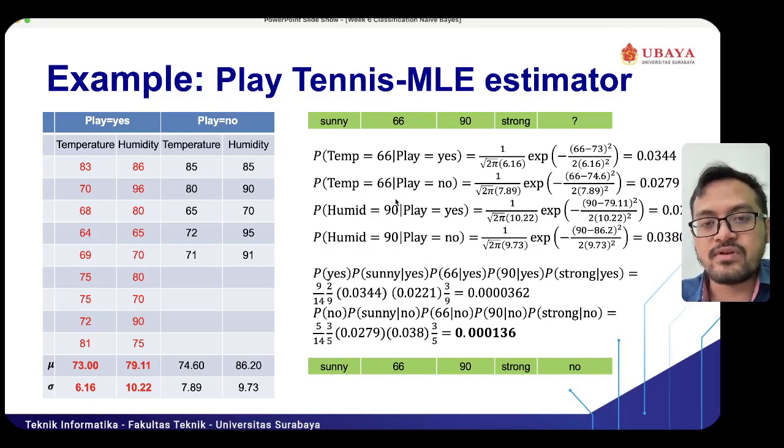And we also calculate for playing tennis equals no for temperature equals 66, and we also calculate for the humidity, for playing tennis equals yes and no.